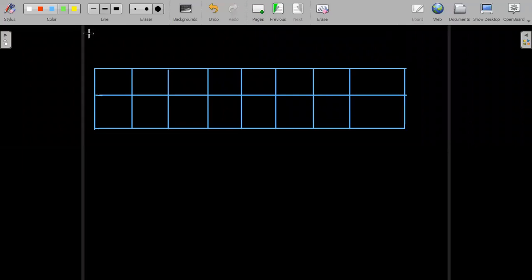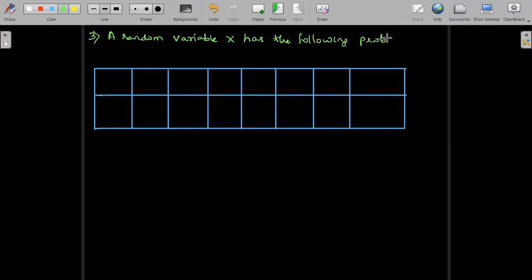We'll see the third problem now. A random variable x has the following probability functions for various values of x.